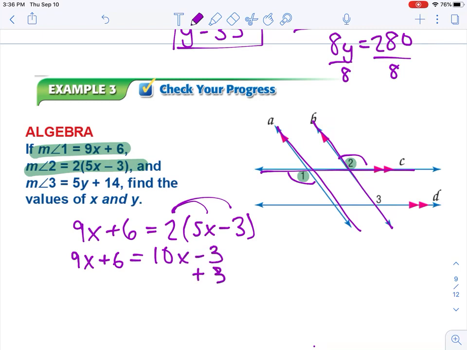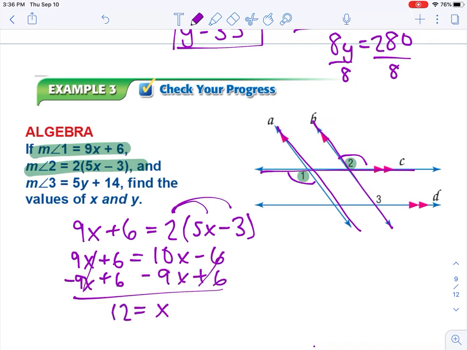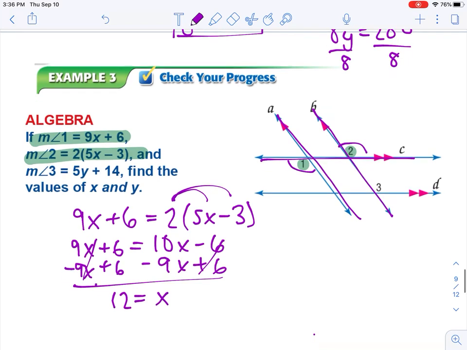Oops, I messed that up. I forgot to distribute. So 12 will equal x. Solve for y then. I know that 1 and 3 are not any sort of angle pair. They don't share a transversal.